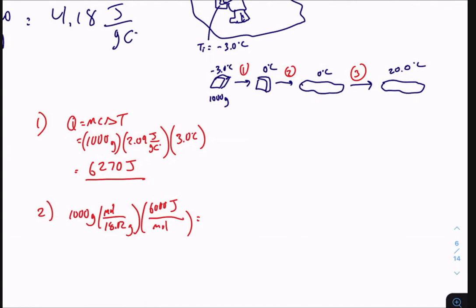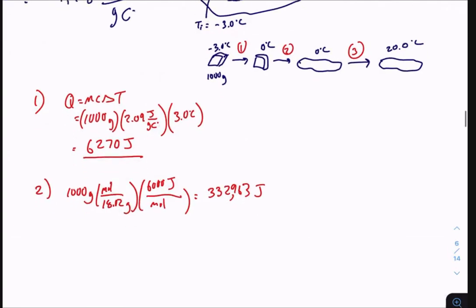That gives 332,963 joules. If you look at it, it sounds like a big number, but look what you're doing: you're multiplying 1,000 by 6,000, then dividing by 18. So it follows.